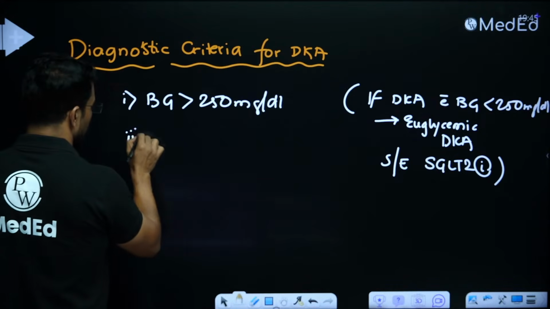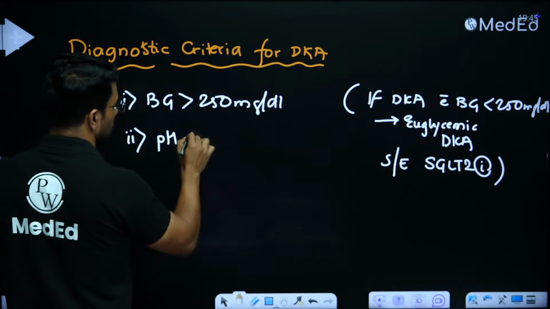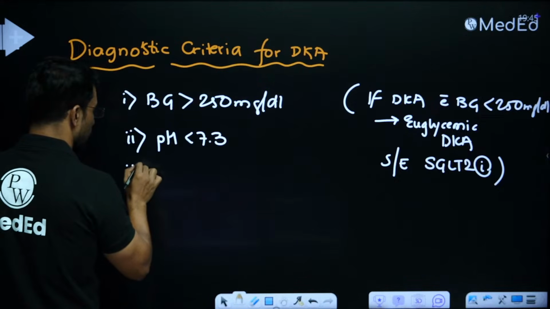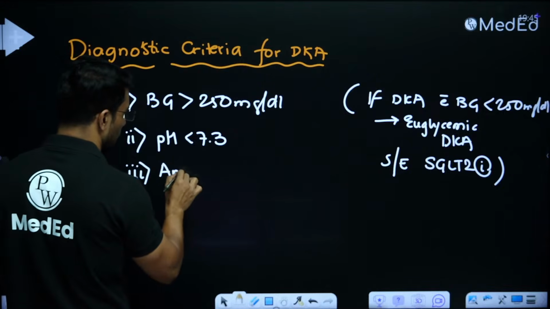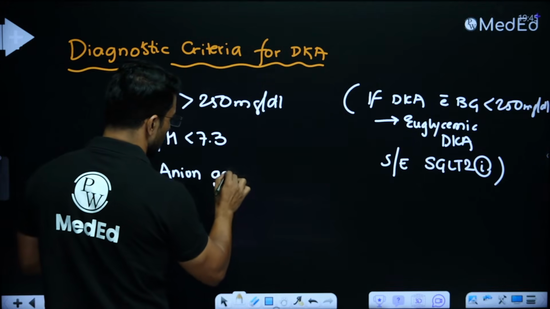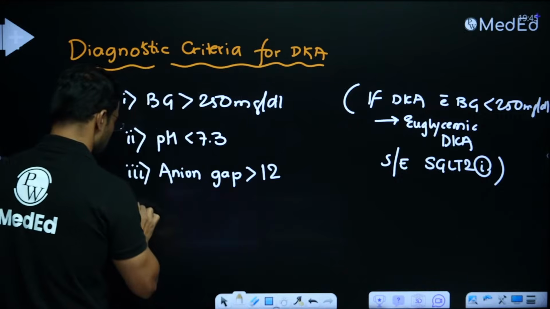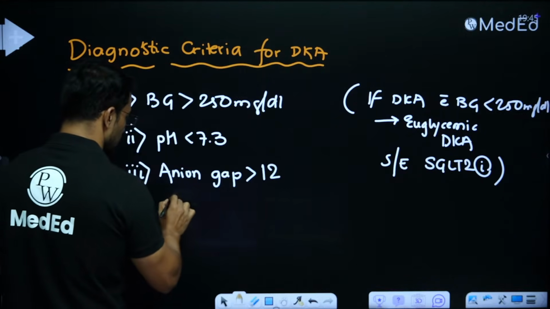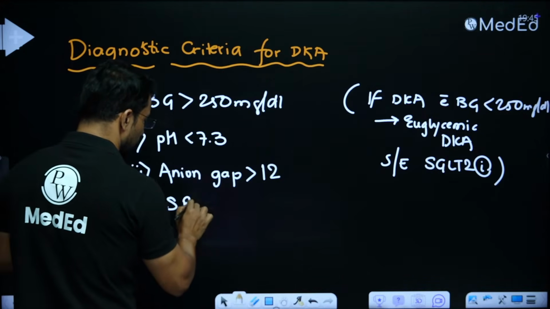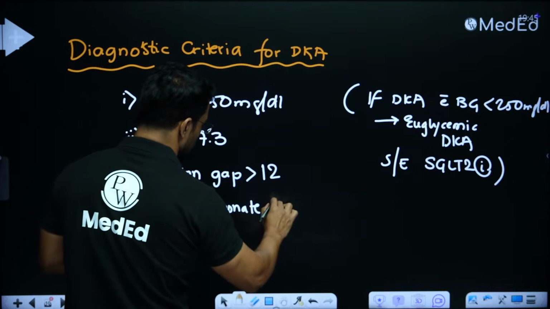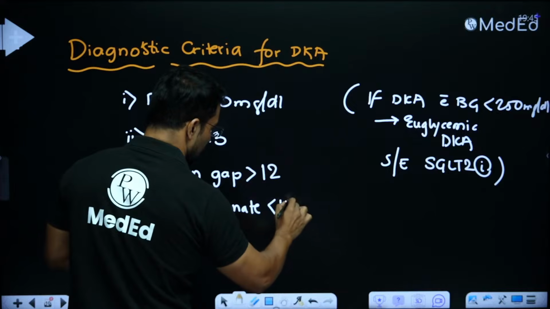Second, the blood pH, to call it acidosis, should be less than 7.3, and this acidosis has to have a high anion gap, so the anion gap should be more than 12. And the fourth one, the serum bicarbonate values should be less than 18.